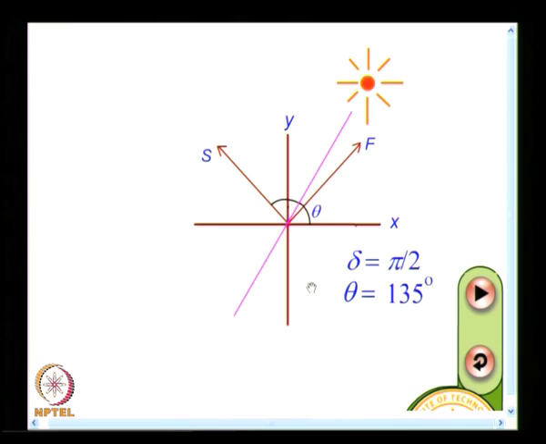Once I know delta and theta, it is child's play. You have an expression for what a retarder does, plug in the values of theta and delta, and because these values are very nice, even your sine and cosine terms reduce to known simple quantities. It is very simple. Make an attempt and try to find out what the values are.